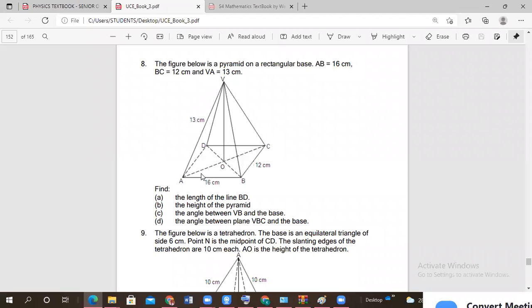Once you use that triangle, you have 90 degrees at A. You have a triangle with a 90 degree angle and you want to find the length BD.